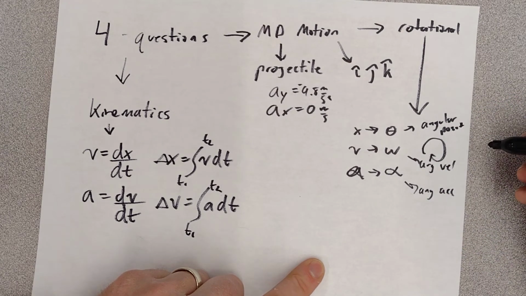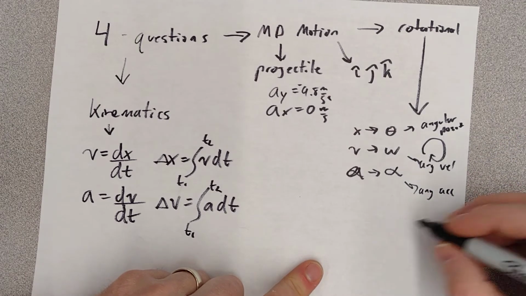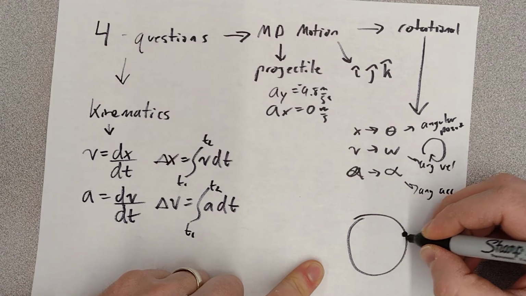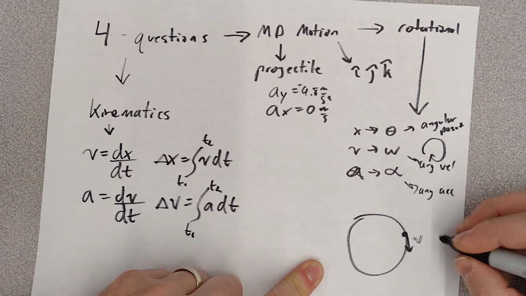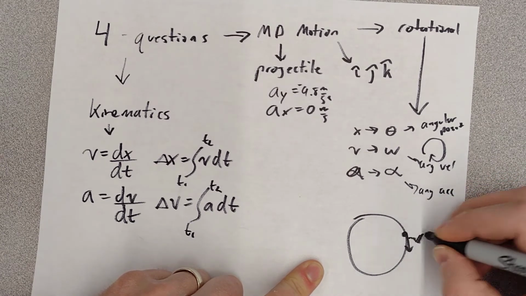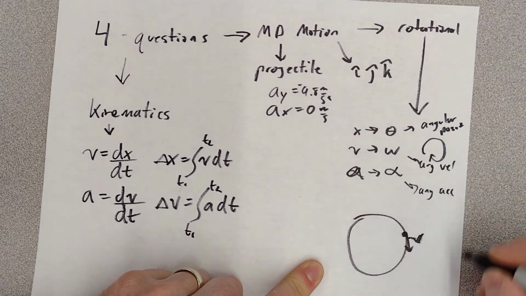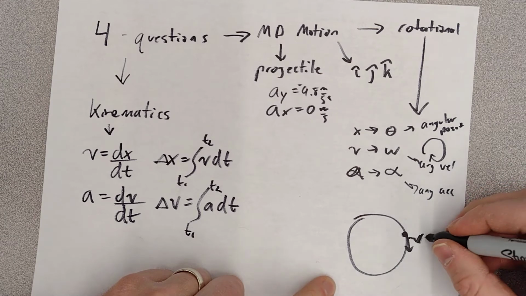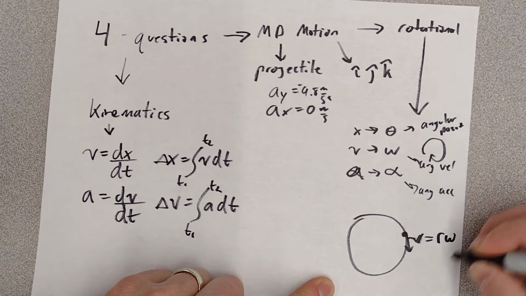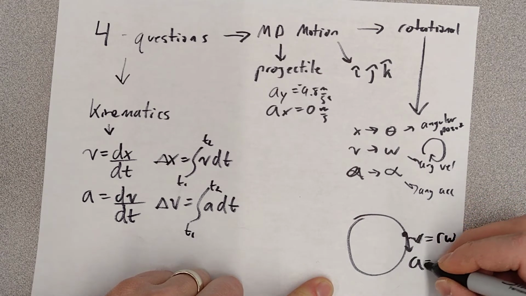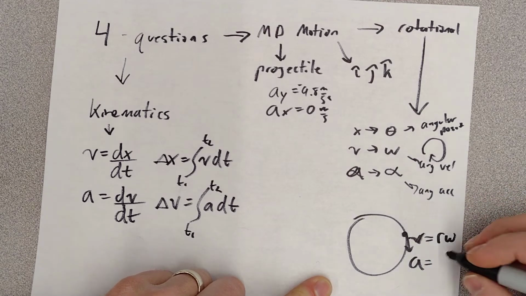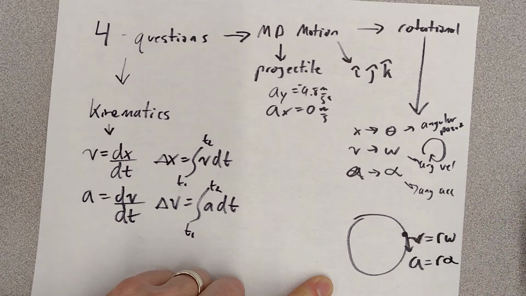Now, a couple things to remember here. When something's moving in a circle, it's got a tangential velocity. It's got an omega, which is rotation rate in radians per second, and it's got a tangential velocity. At any point, its tangential velocity is r omega. Also, its literal linear acceleration at any point, I say tangential, but sometimes it's also called linear, is r times alpha.